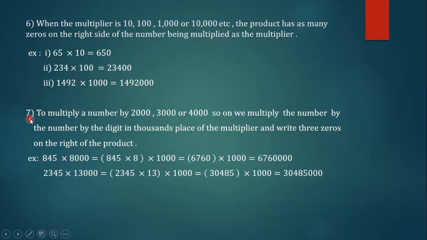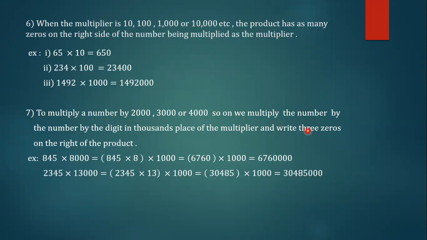Now multiplying numbers by 2000, 3000, 4000, any number, but with the zeros. Multiplying by 2000, 3000, 4000, 15,000, you can multiply anyhow, but for the digits in the thousands place of the multiplier, write 3 zeros on the right side of the product.